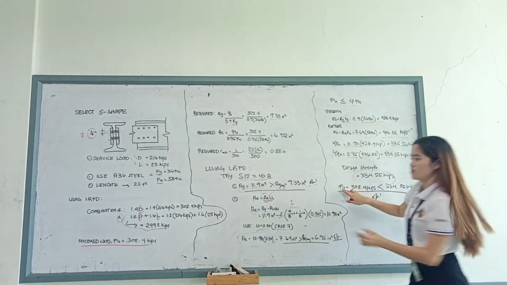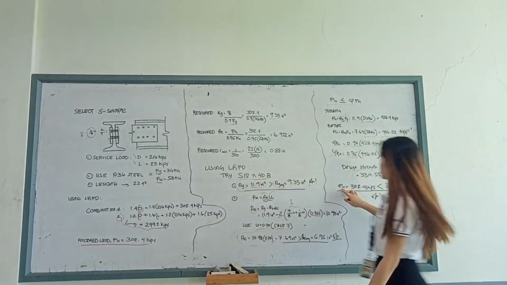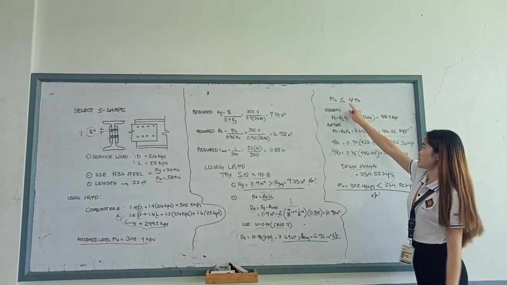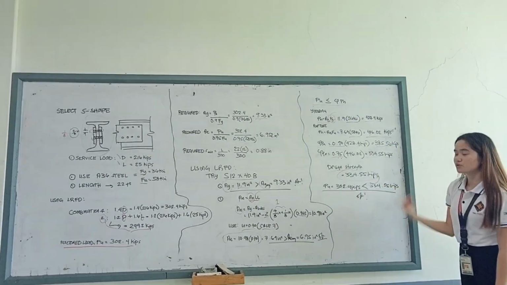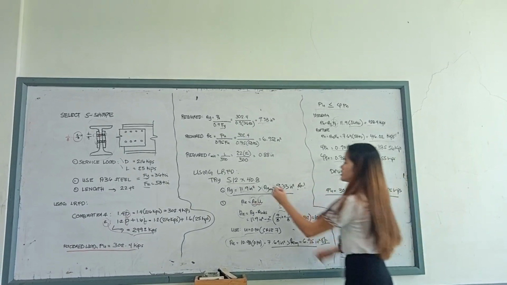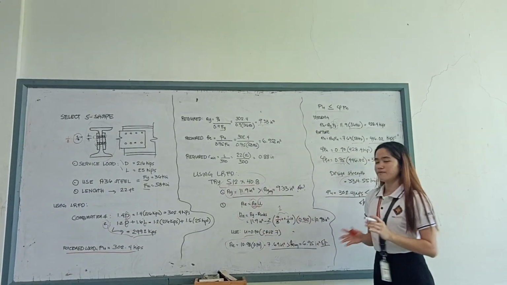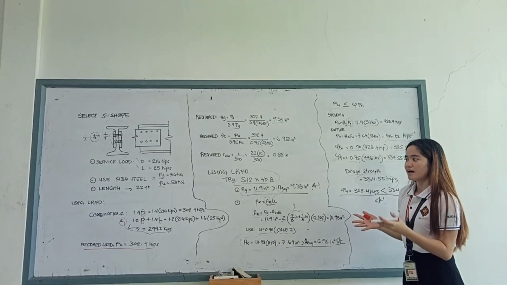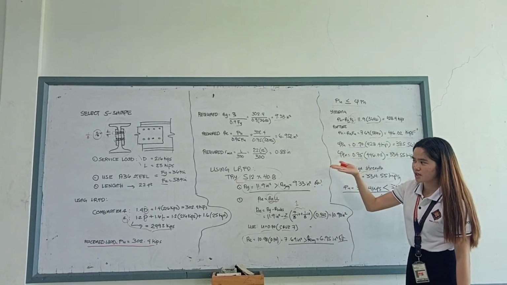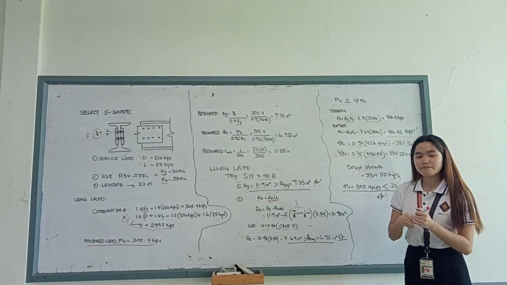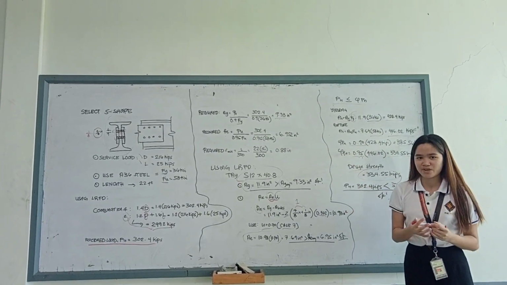So PU is 302.4, which is smaller than the design strength of 334.55. In conclusion, the member can resist the service loading of dead load and 216 kips of live load.